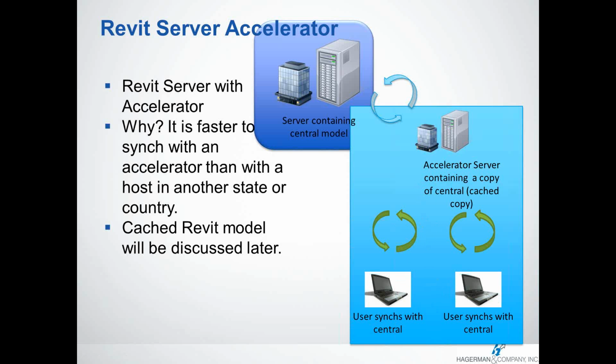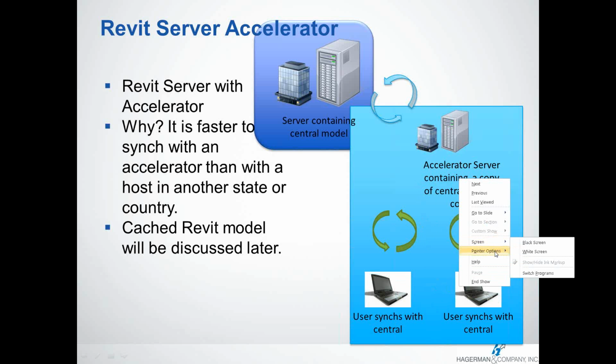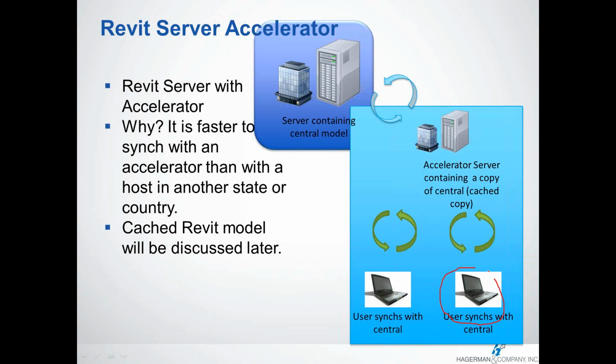And so why does the accelerator make it faster? Well, basically, let's say that you have a user right here. This user makes a change, and he syncs that change with central, right? That change goes to the accelerator, okay?